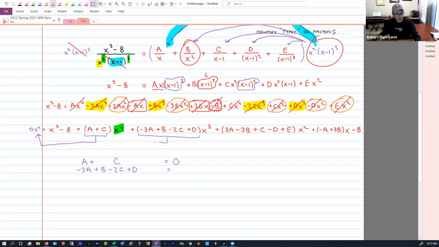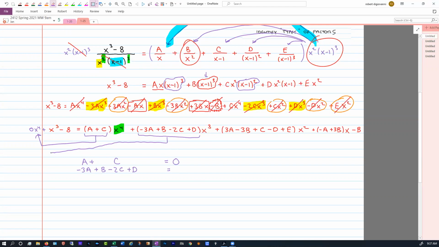You're trying to match it up with what's on the left side. So you're looking at what is in front of x cubed. So what's in front of x cubed on the left side, Samuel? Minus 3A.